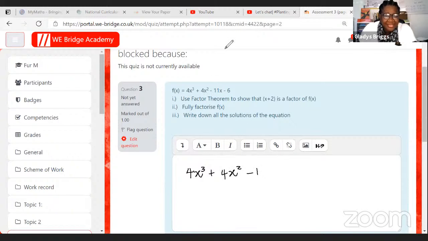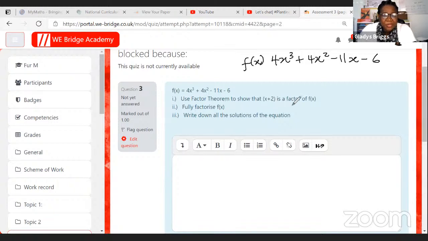Okay, so 4x cubed plus 4x squared minus 11x minus 6, yeah, f of x.